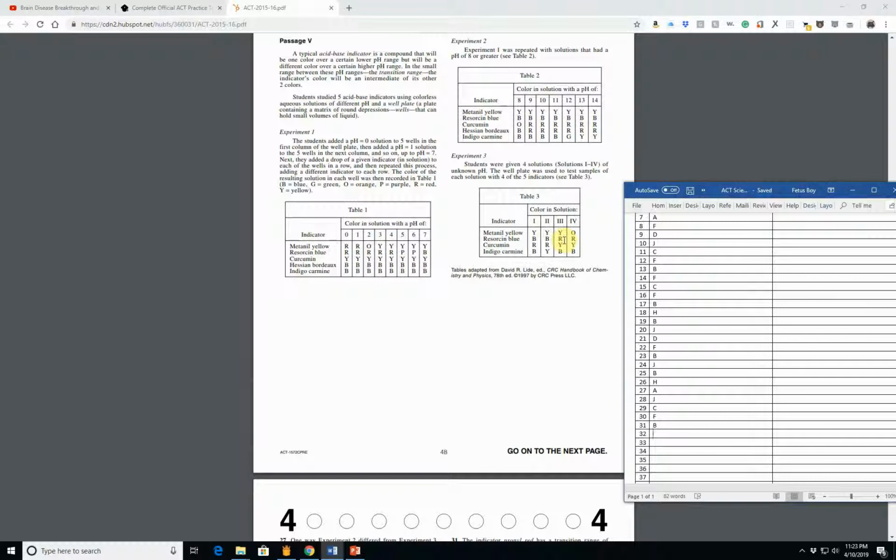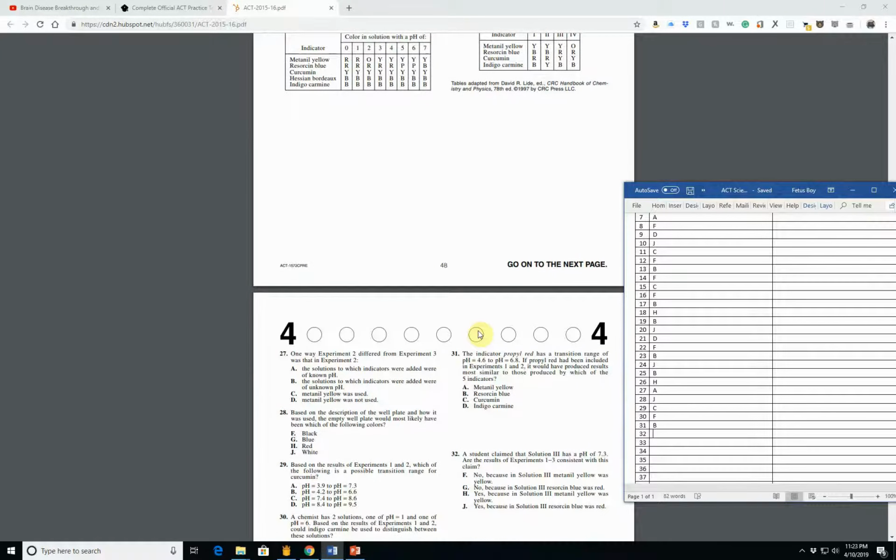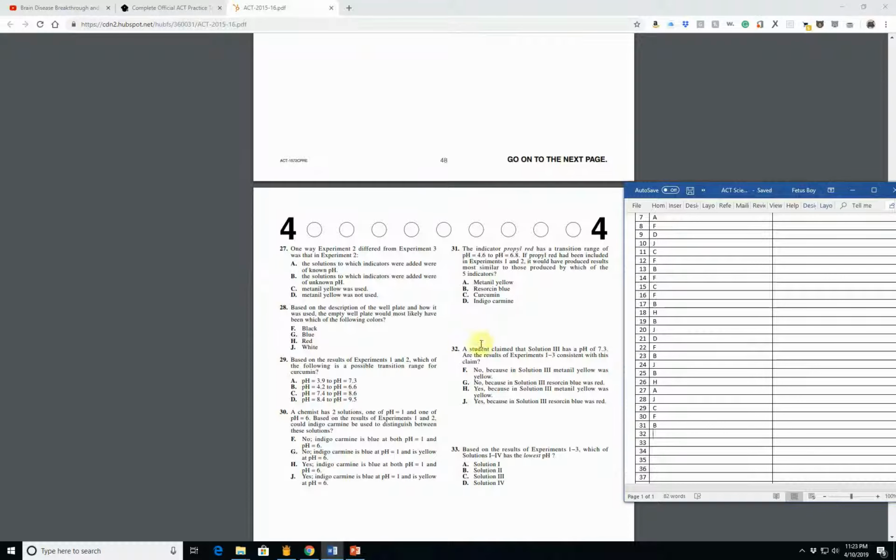Resorcin blue is red. Ooh, no, that doesn't work, because it's only red up to a pH of 4. So yeah, exactly. In solution 3, resorcin blue was red. So alright.